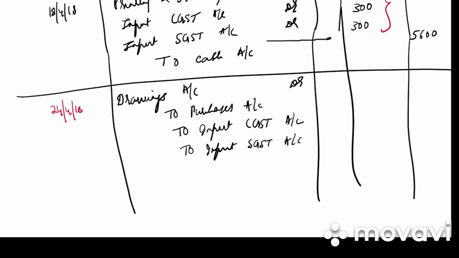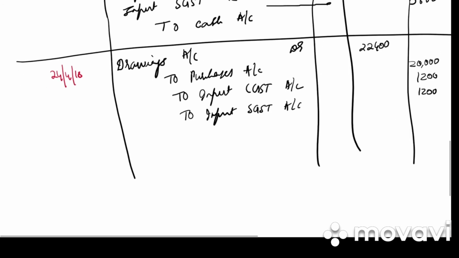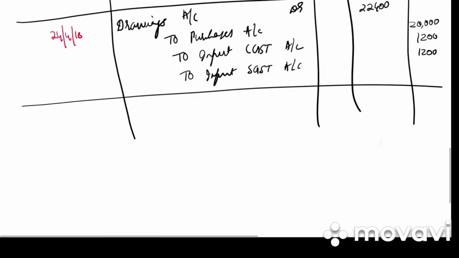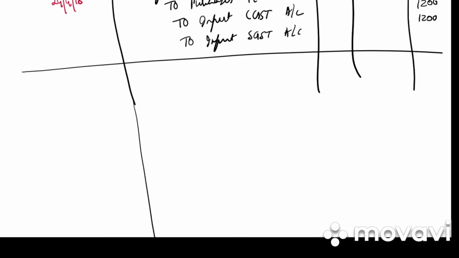So how much did he withdraw? Goods of 20,000. So 20,000 into 6 by 100, how much do we get? 1,200, 1,200. Total will be 22,400. Write the narration. Goods withdrawn for personal use.